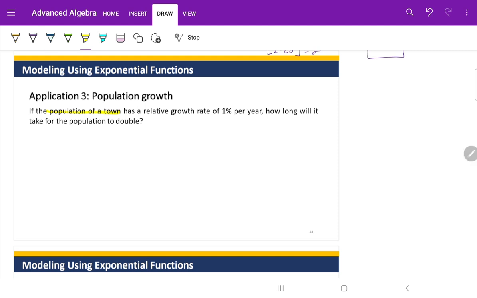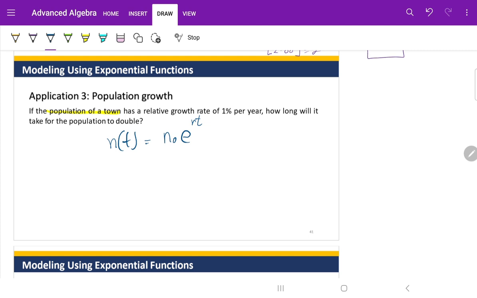And if the involved scenario is population growth of humans, then it is best to represent it with continuous population growth. So the formula that we are going to use is N of t equals N naught times e raised to rt.